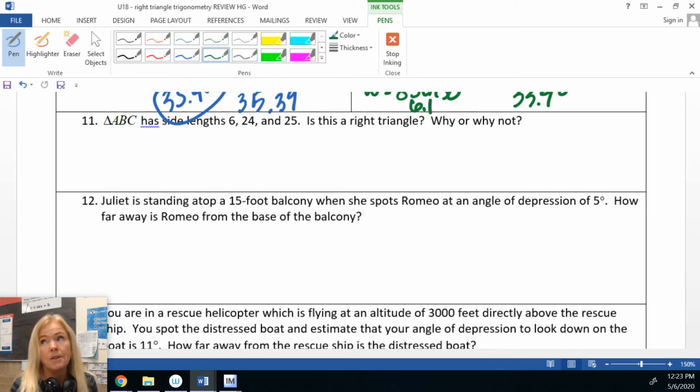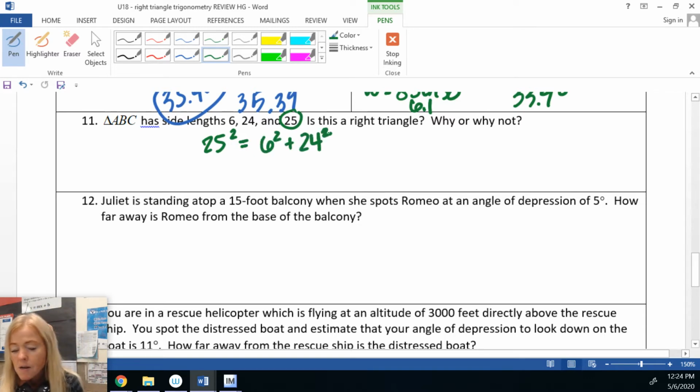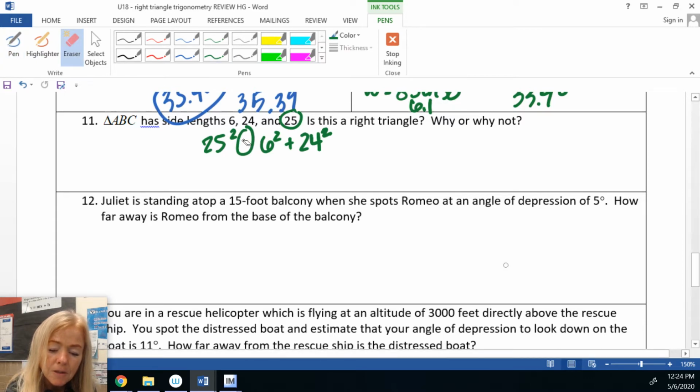It doesn't say this is a hypotenuse, so we have to look at the biggest number, which is 25, and that has to be the hypotenuse. So 25 squared is equal to 6 squared plus 24 squared. If that's true, then it will definitely be a right triangle.